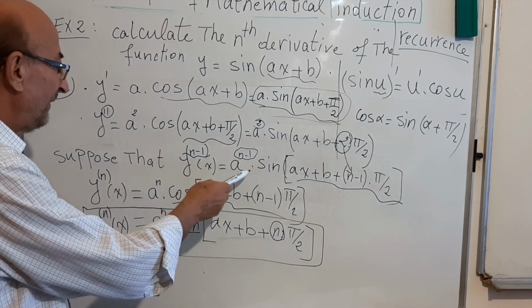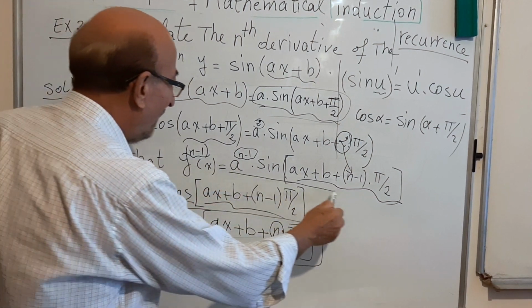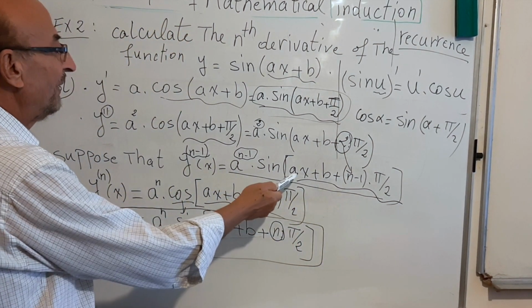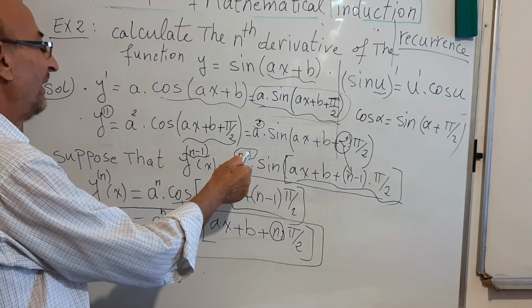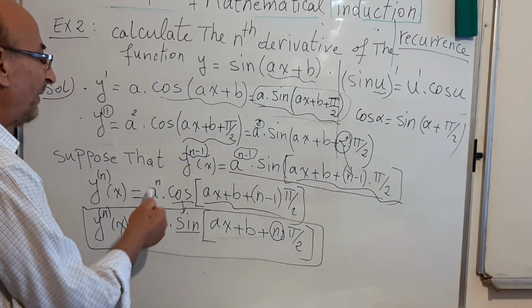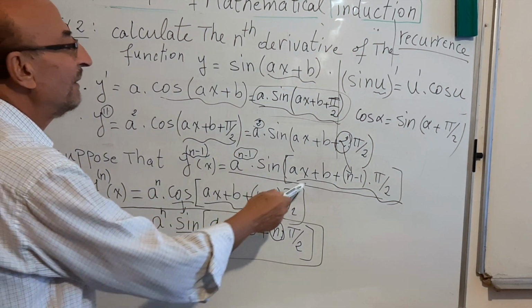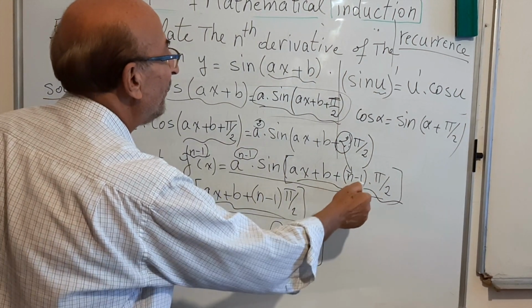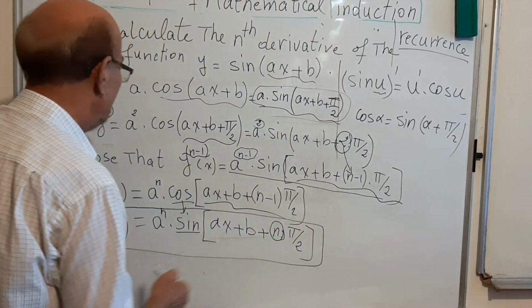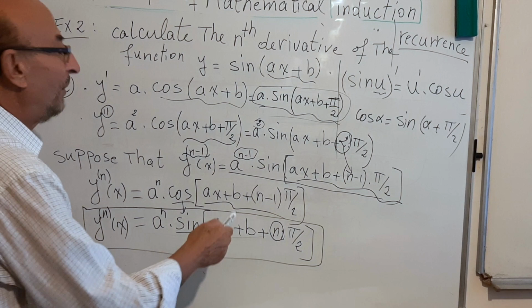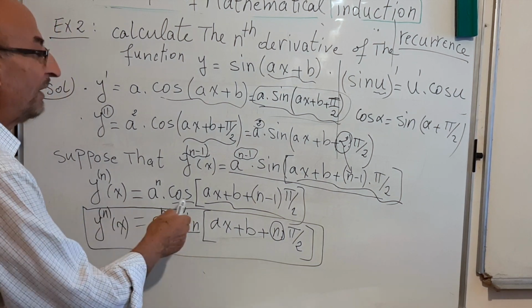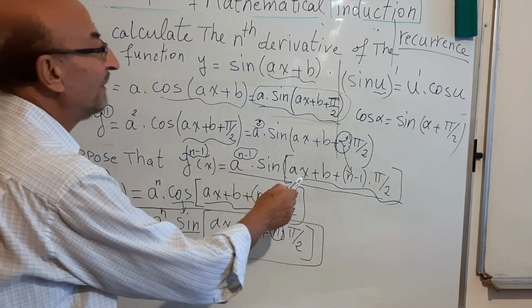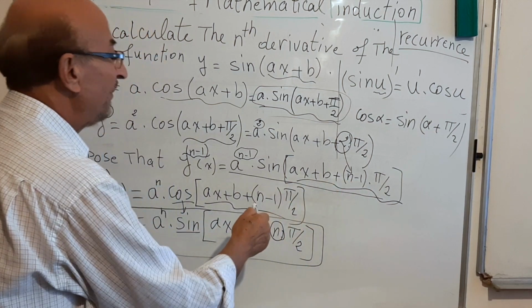Derivative of y n minus 1: a times a to the n minus 1 is a power n, cosine, we add now pi over 2. Now the derivative of sine is cosine of the same arc.